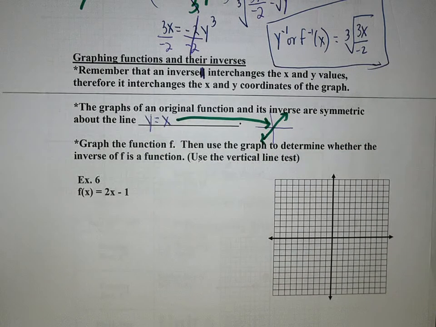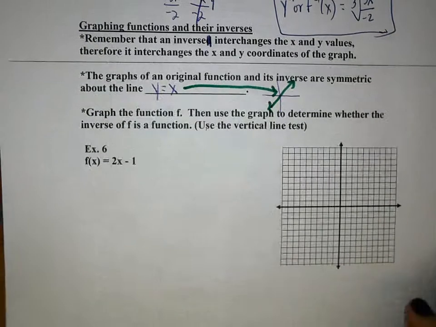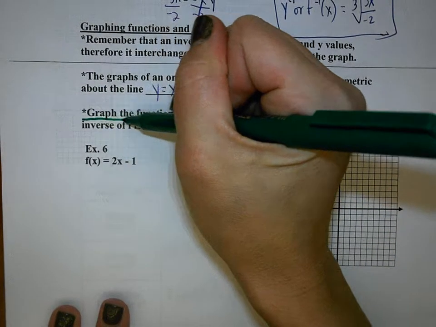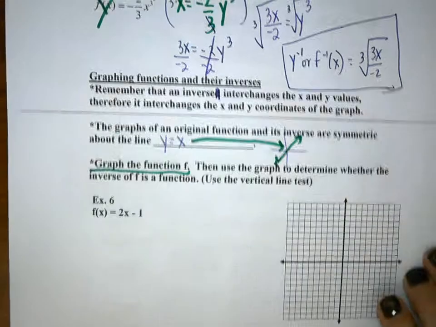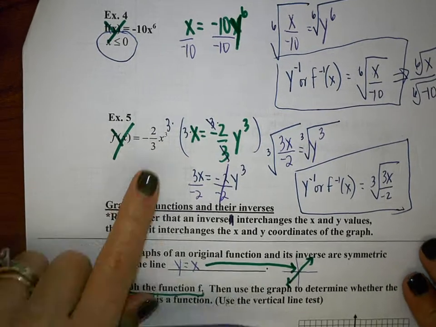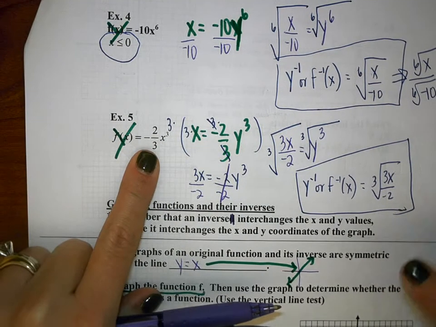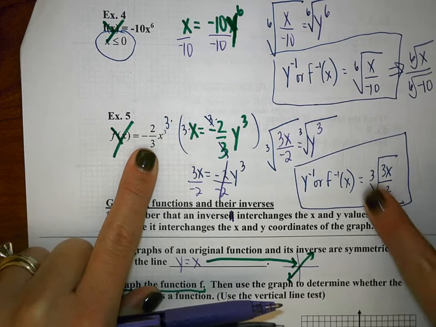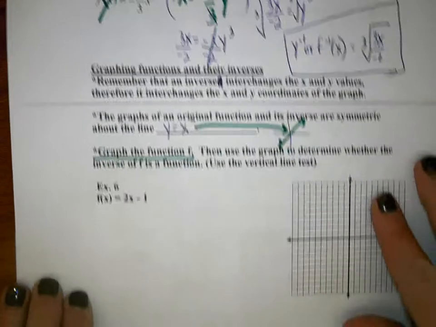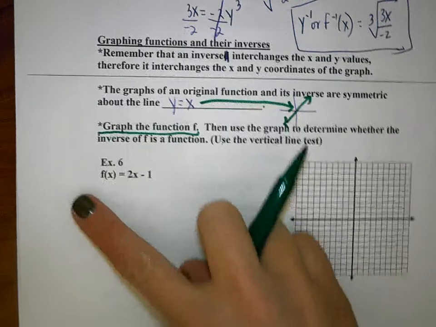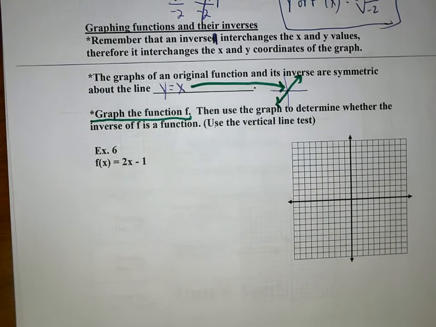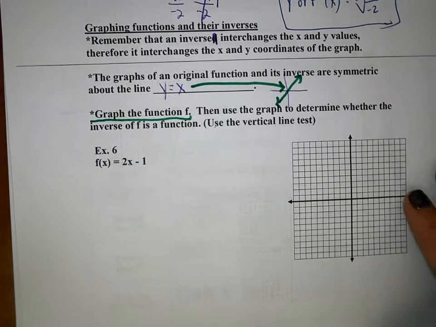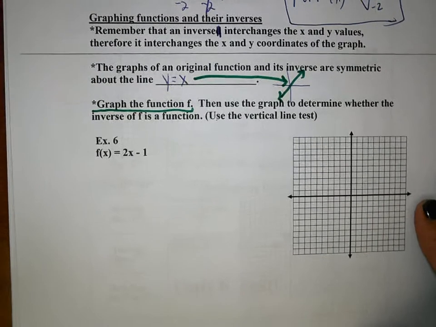So oftentimes when you're graphing inverses, the easiest thing to do is to first graph your original function. Because if you go back and look, here's my original function, and here's my inverse function. Your inverse function is a lot more complex. So if you graph your original function and then just exchange x and y values, it's much easier to graph the inverse.